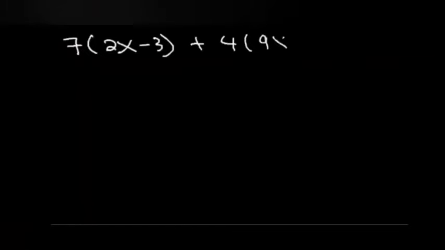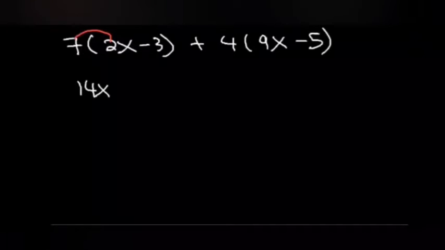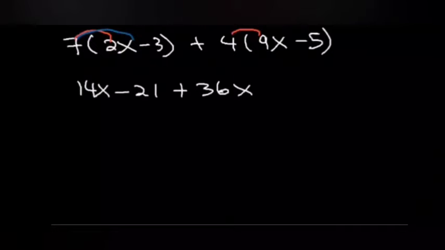Take one more example. We have 7 open bracket 2x minus 3 bracket close, plus 4 open bracket 9x minus 5 bracket closed. Now open the brackets: 7 multiplying 2x gives us 14x, and 7 multiplying minus 3 gives us minus 21, plus 4 multiplying 9x gives us plus 36x, and 4 multiplying minus 5 gives us minus 20.